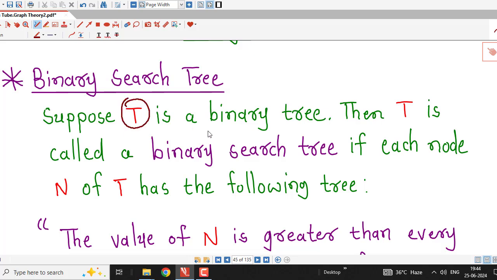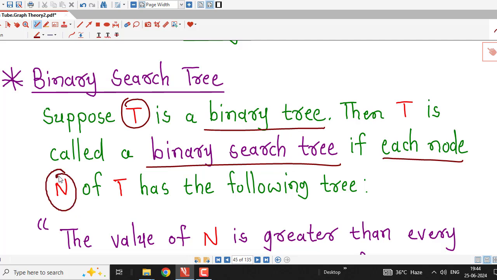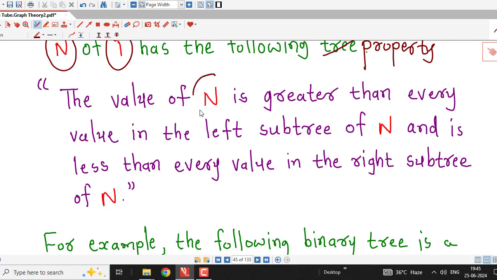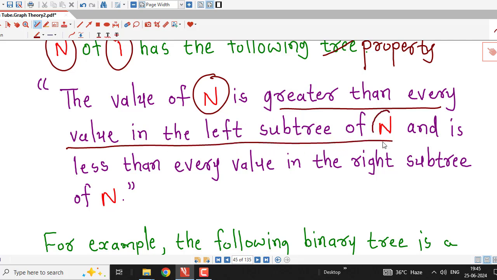Suppose capital T is a binary tree, then T is called a binary search tree if each node, or every vertex denoted by capital N of tree capital T, has the following property. If every node of binary tree has this property, then we will call that binary tree as binary search tree. So what is that property? The value of node n is greater than every value in the left subtree of n.